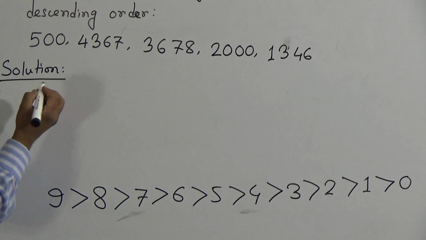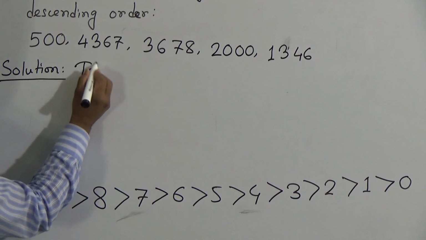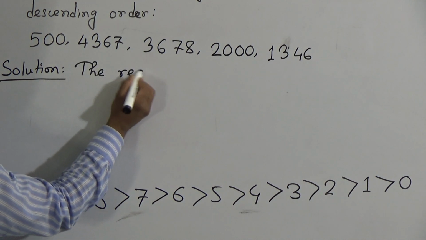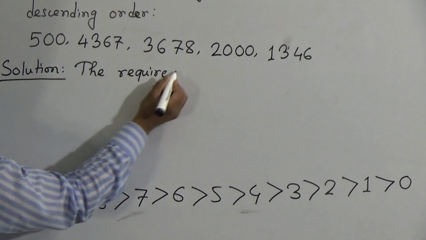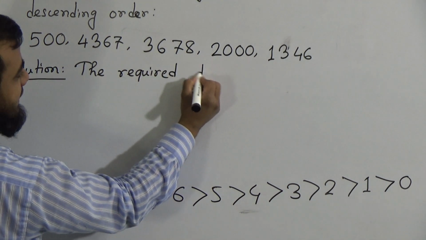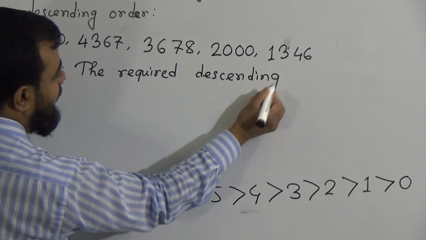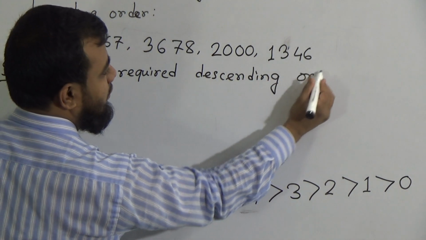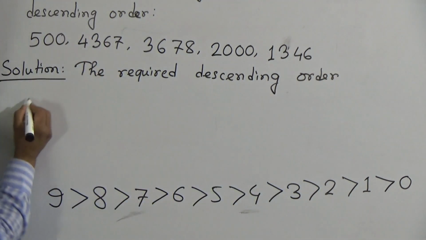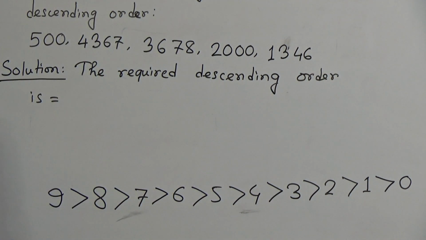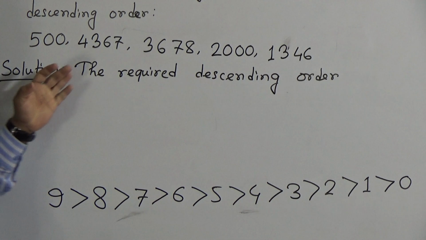First of all, we should write down the required descending order is equal to, now we should arrange these 5 numbers.